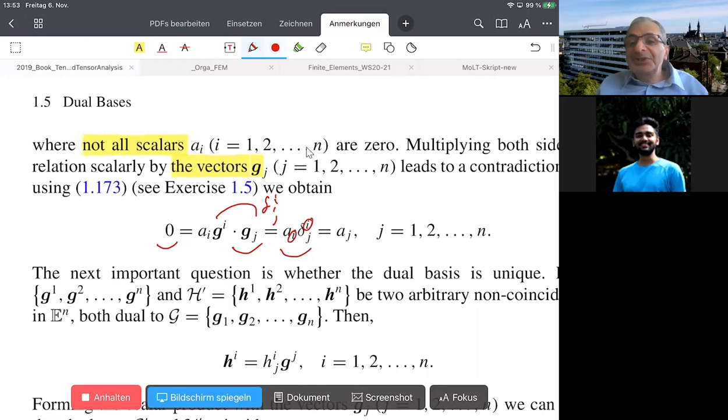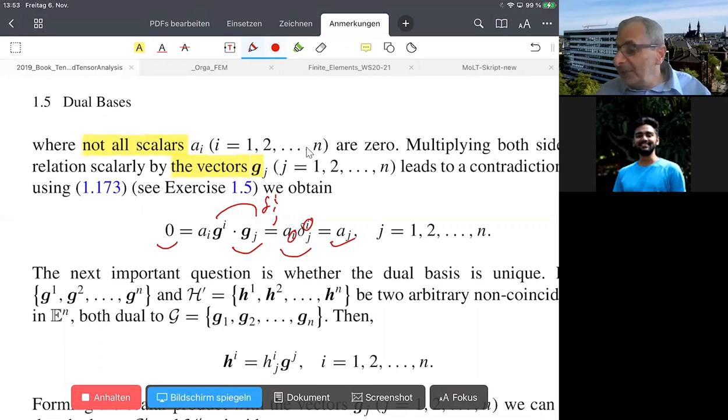But in the sum, only one term is not zero, where i is equal to j. So that means that we can skip delta and simply take this aj. And if you compare the beginning of this equation with the end, you see that aj is equal to zero.